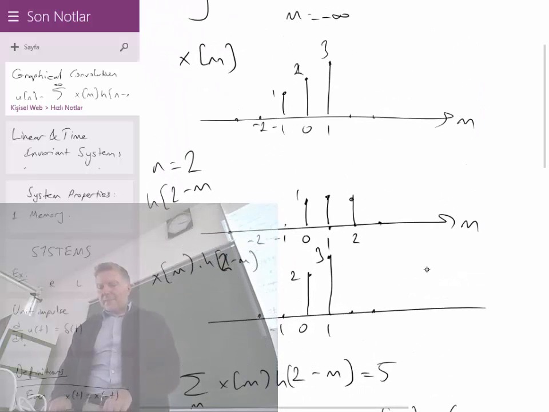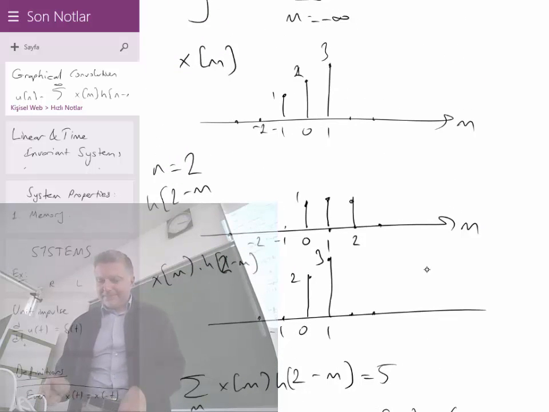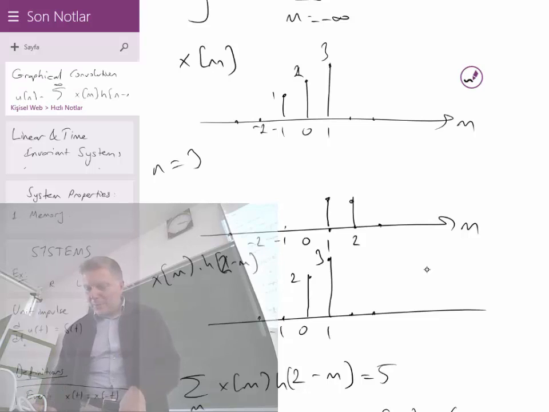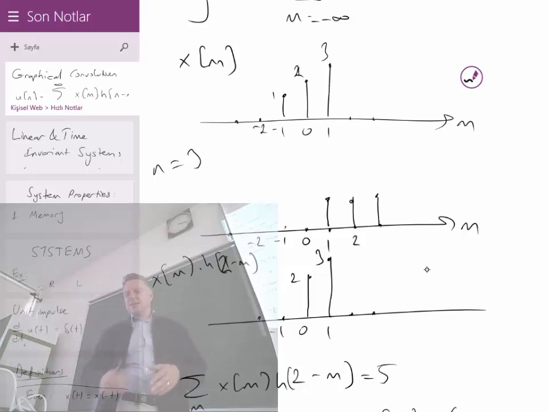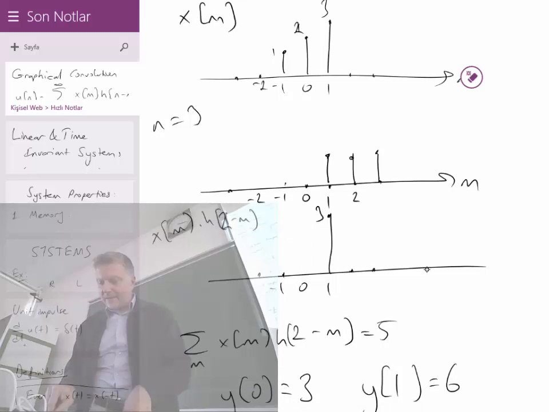And again, at n is equal to 3, I'm going to erase this, and I'm going to put a 1 here and make it a 0. Shift again towards right. So this will be h of 3 minus m.